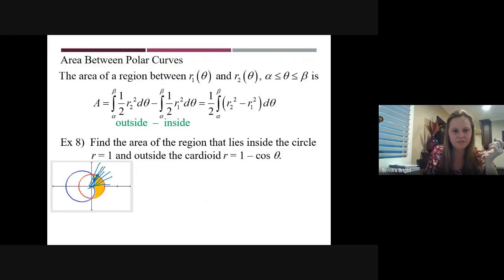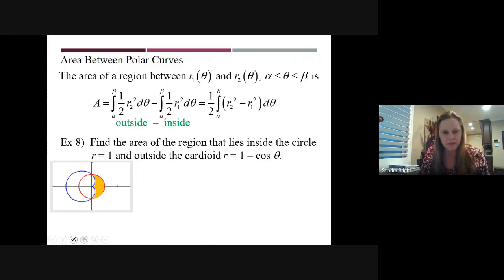Remember, we're not making rectangles now, we're making sectors of circles. So as you draw these little sectors and divide it up, find the area of this sector, find the area of that sector, finding each of these. I've made a mess, so let me undo that.